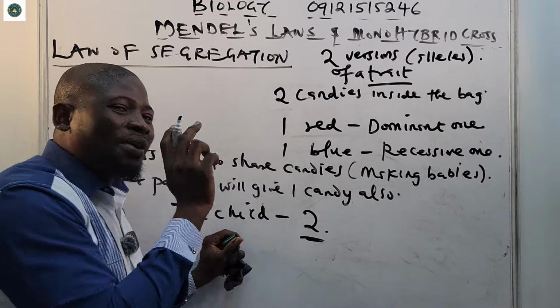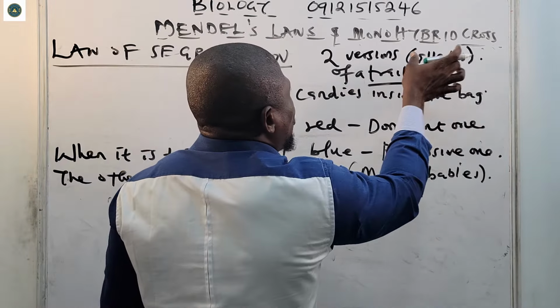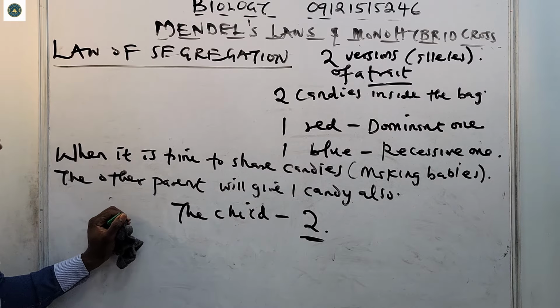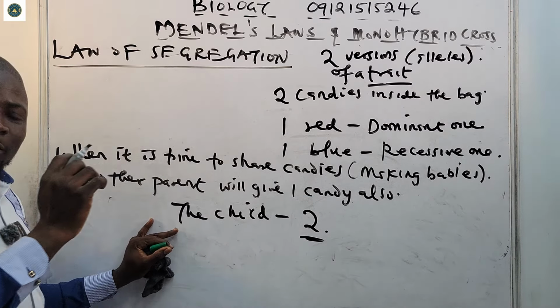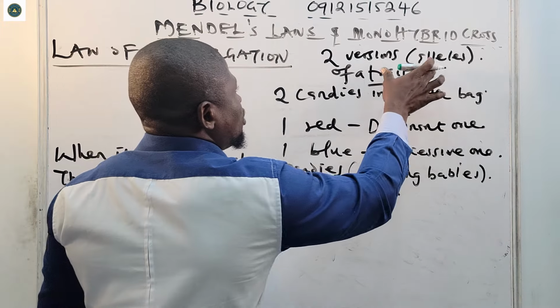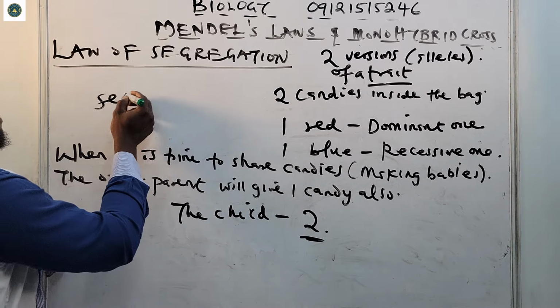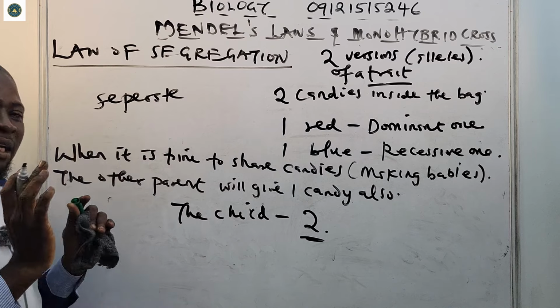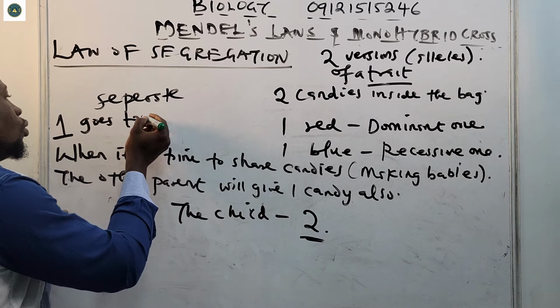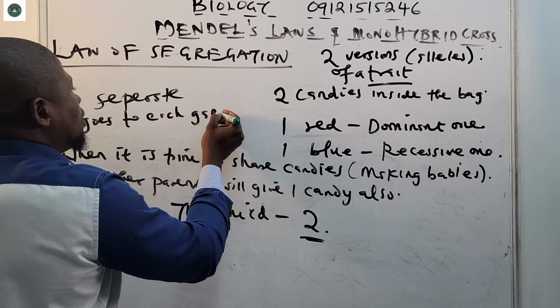So now, when you are making eggs or sperm, the 2 versions separate, and as they separate, one goes to each gamete.